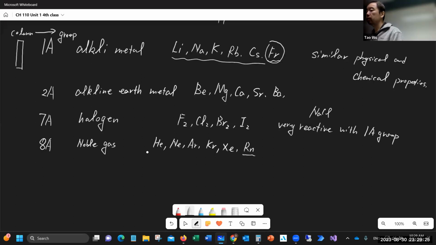Again, radon is radioactive, but the rest of the others are not. Those guys are gases, and this is what we call monoatomic gas.